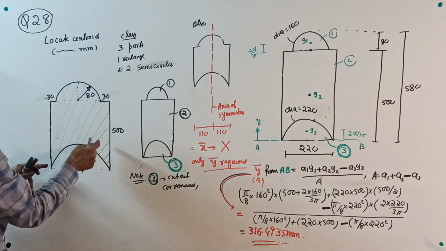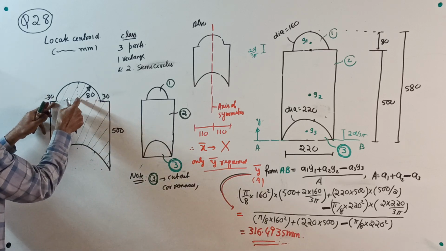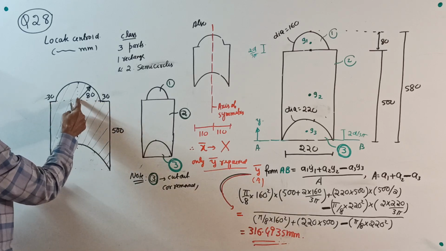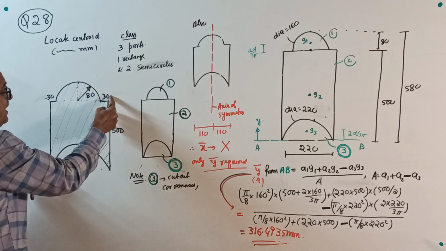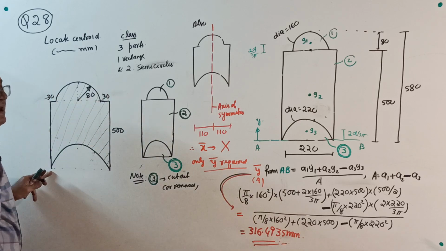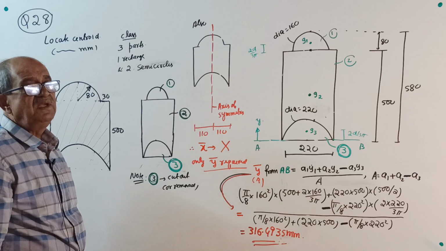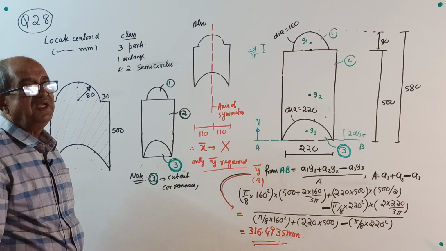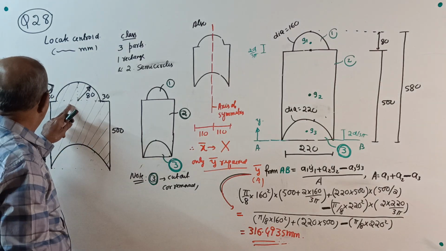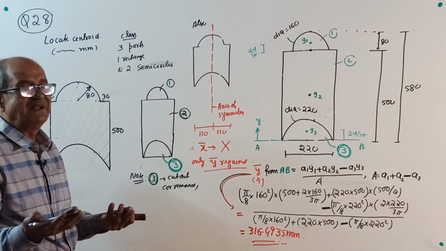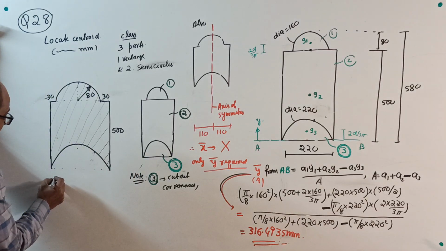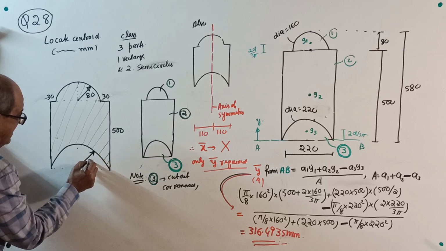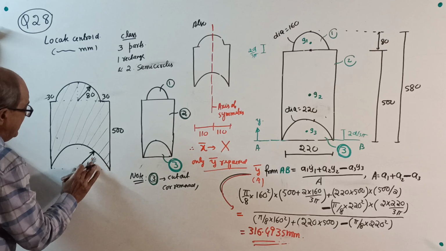See, when you come down here, this base is 80 plus 80, which is 160, plus 30 plus 30. 160 plus 60 is 220. So this full base will become 220, or this radius will become 110. Both are the same, so it can be given either way.